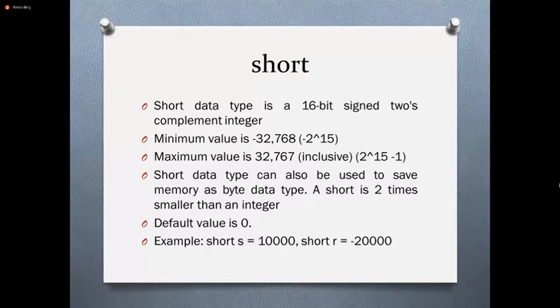This data type is used to save memory like the byte data type. Short is 2 times smaller than an integer. The default value is again 0. In your program, you can declare a short variable in this manner. Data type is short, then the variable name is S assigned 10,000. Right? This is how you can declare a short variable in your program.